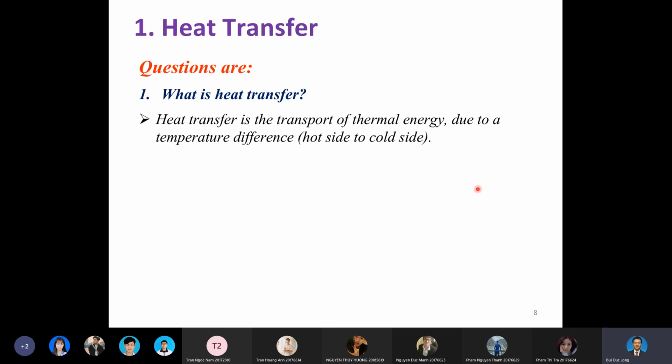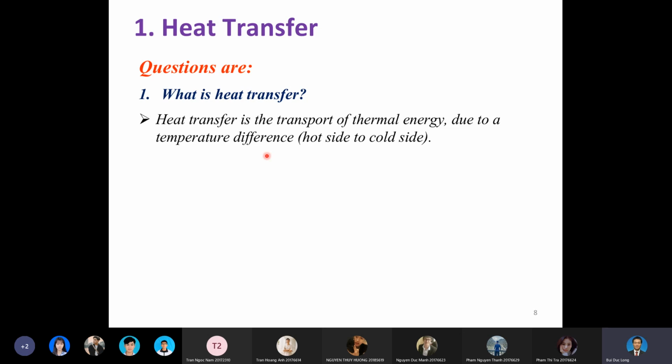Heat transfer is the transport of thermal energy due to a temperature difference. As I just mentioned, heat transfer happens because of the temperature difference or temperature gradient.